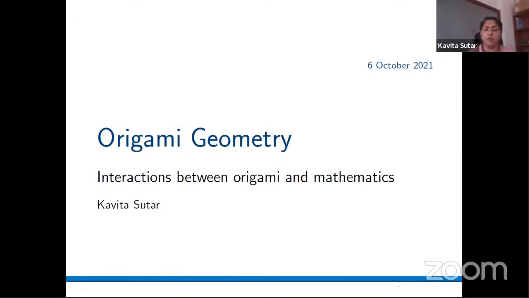So actually, the honor of writing the first book about origami geometry goes to an Indian author. The name is T. Sundara Rao, who wrote the first book on geometry as early as 1800.